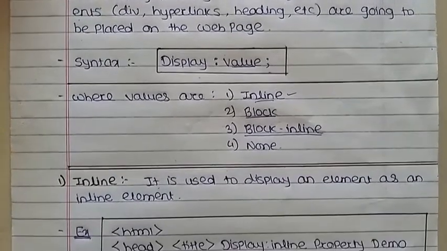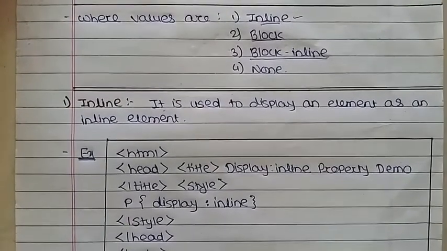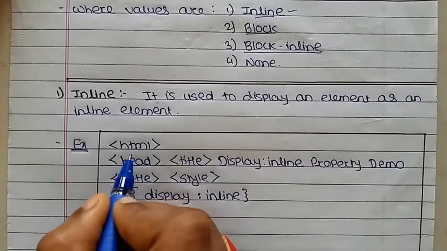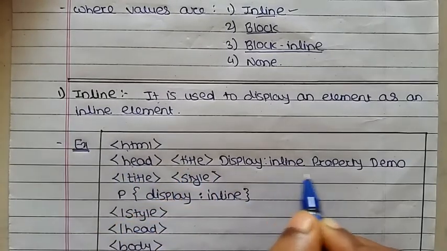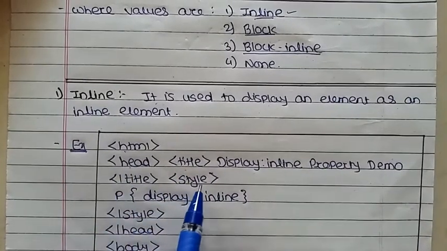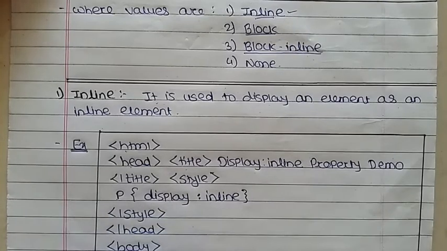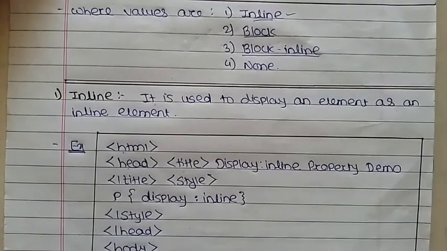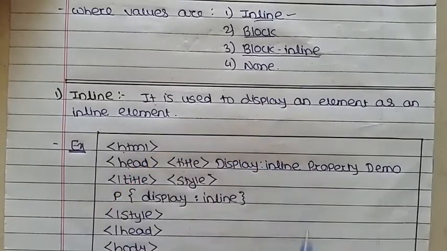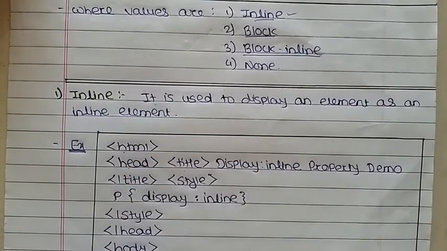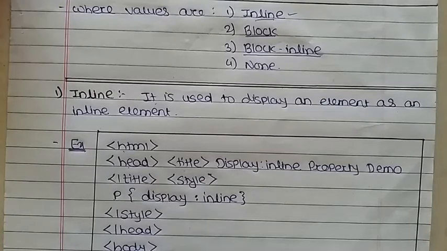Let us discuss this example. HTML, head, title: display inline property demo, title close, style, p display inline. Listen, inline means we display the text in one line only. Suppose I use the text hello in the first tag and welcome in the next tag. The text is shown in the same line without breaking the line.